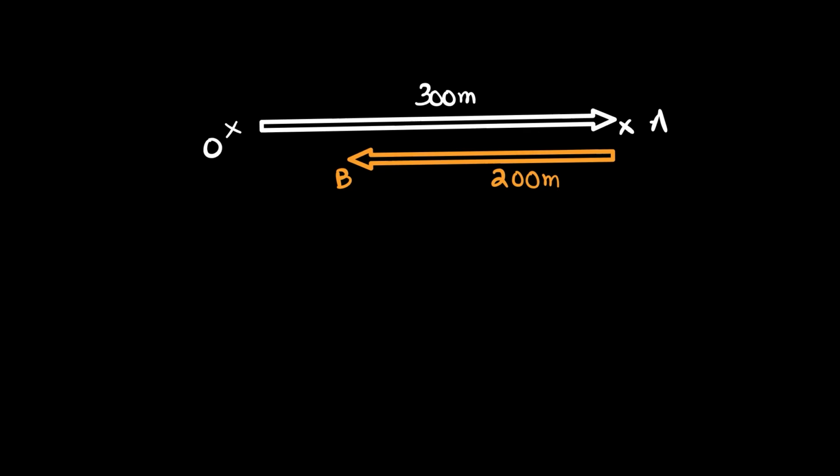Let me explain it with another example of distance. This time, the person is again at O, and the person is traveling 300 meters to the right, and it stops at the point A. But this time on the return journey, the person does not reach O, the person reaches some other point which is B, and this distance is 200 meters.